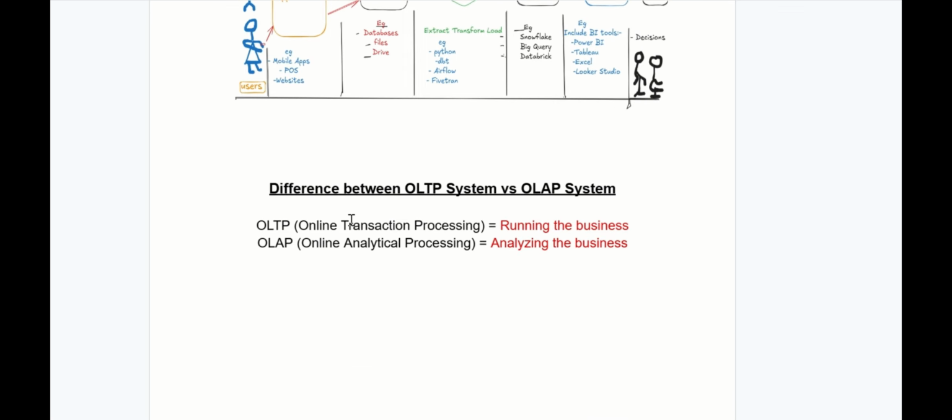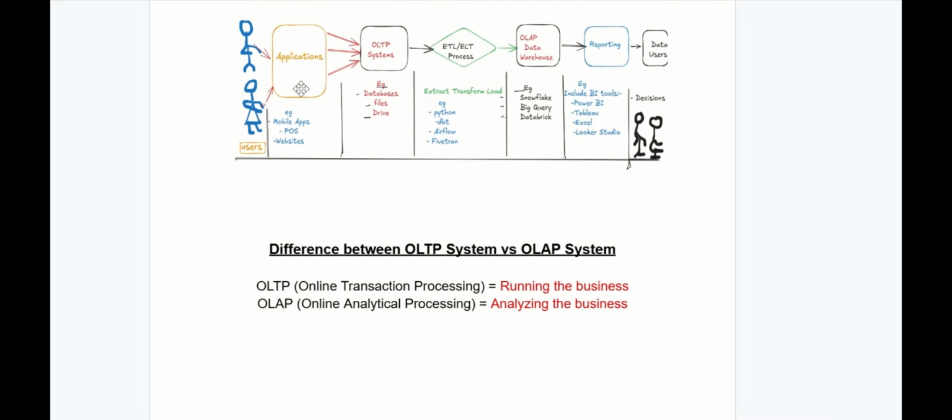So here is just a general difference between the OLTP system and the OLAP. The OLTP system is for running the business: as the customer makes a transaction, this transactional data is stored in the OLTP system.